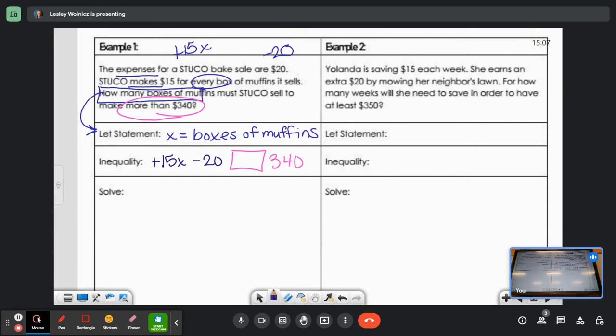If we want more than $340, these are our options: greater than, less than, greater than or equal to, less than or equal to. If Stucco only made $200, are they going to be happy?